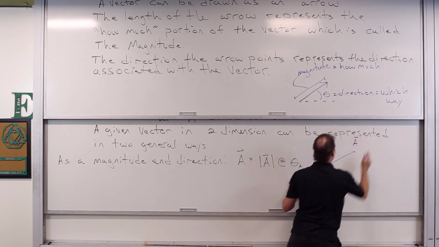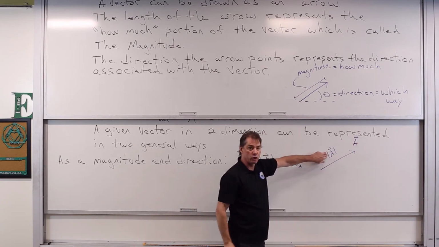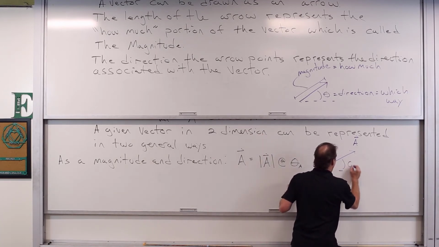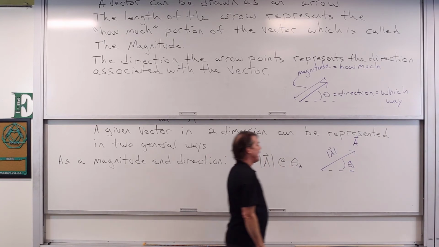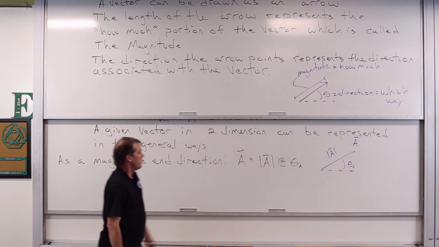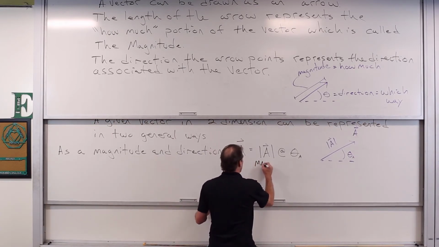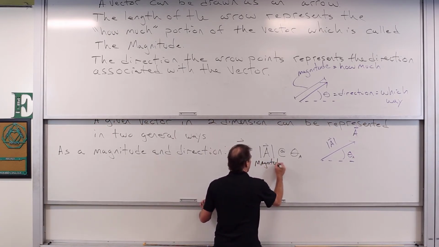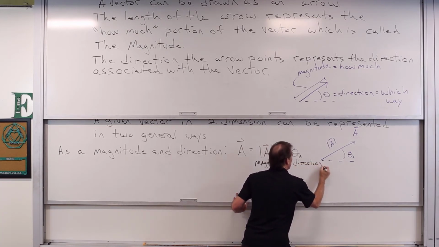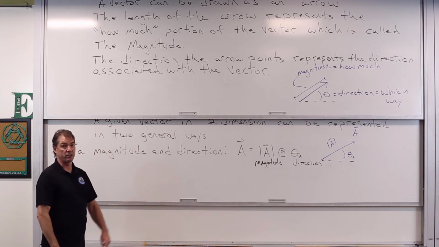If this is some vector A hat, the length of it is scaled to be the magnitude, the how much, if you will. And then we've got some theta sub A that's generally, again, referenced with respect to the positive x direction. So this is magnitude. This is the direction.